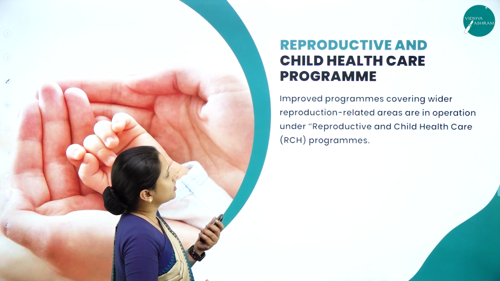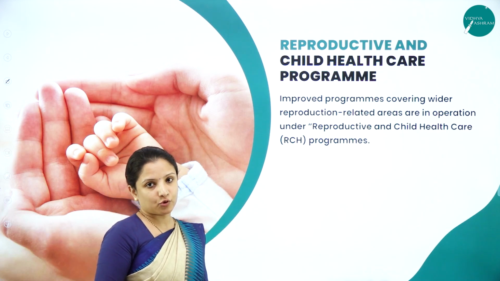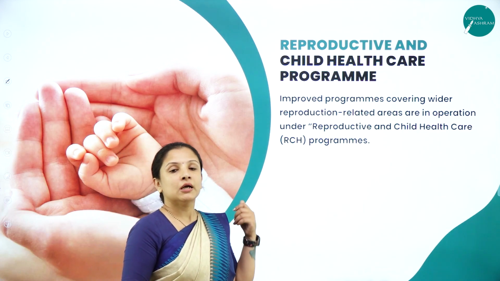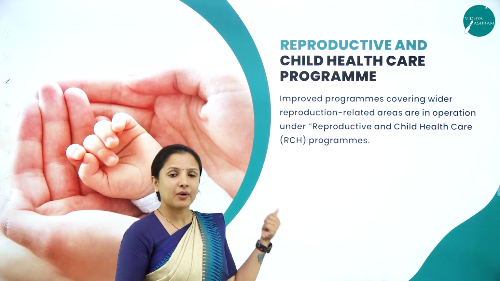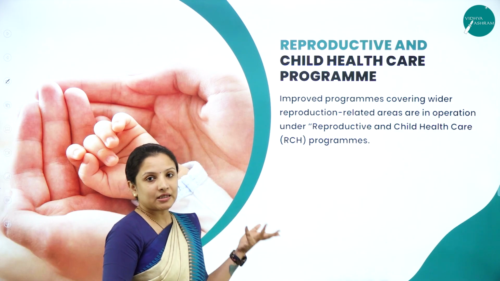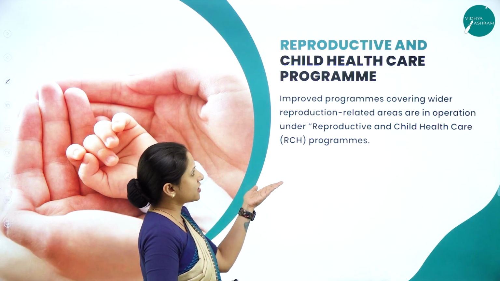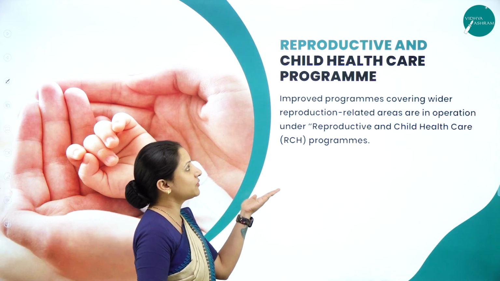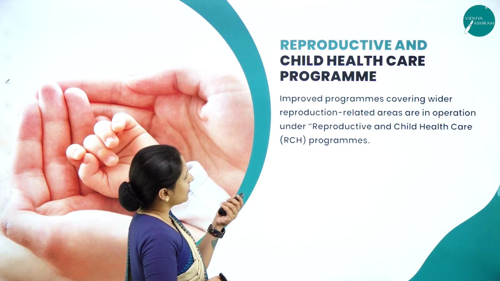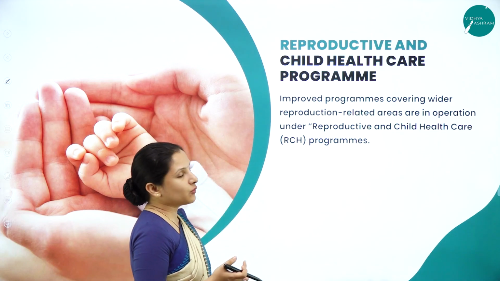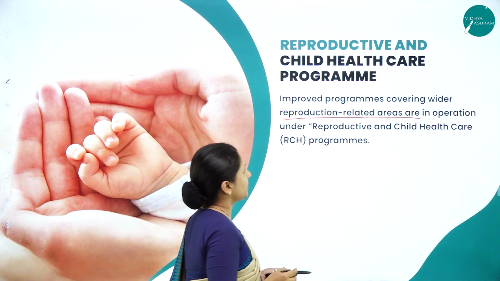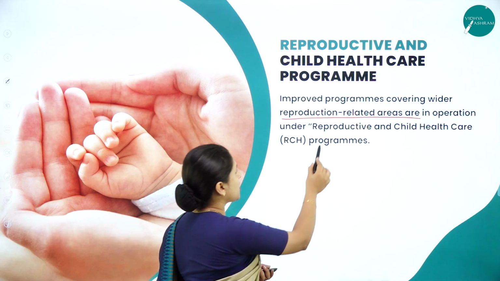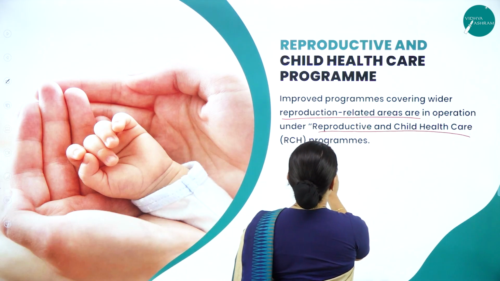Next, the reproductive and child health care program. Like I told you, India introduced a new plan called family planning. Apart from that, they also conducted programs related to reproductive health as well as child care. These improved programs covered wider issues related to reproduction under the reproductive and child health care program.